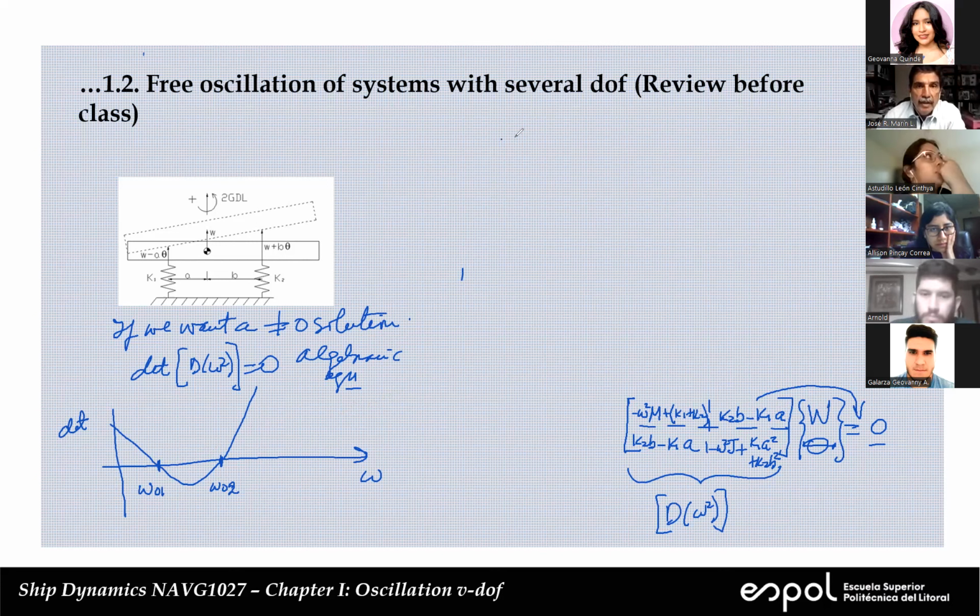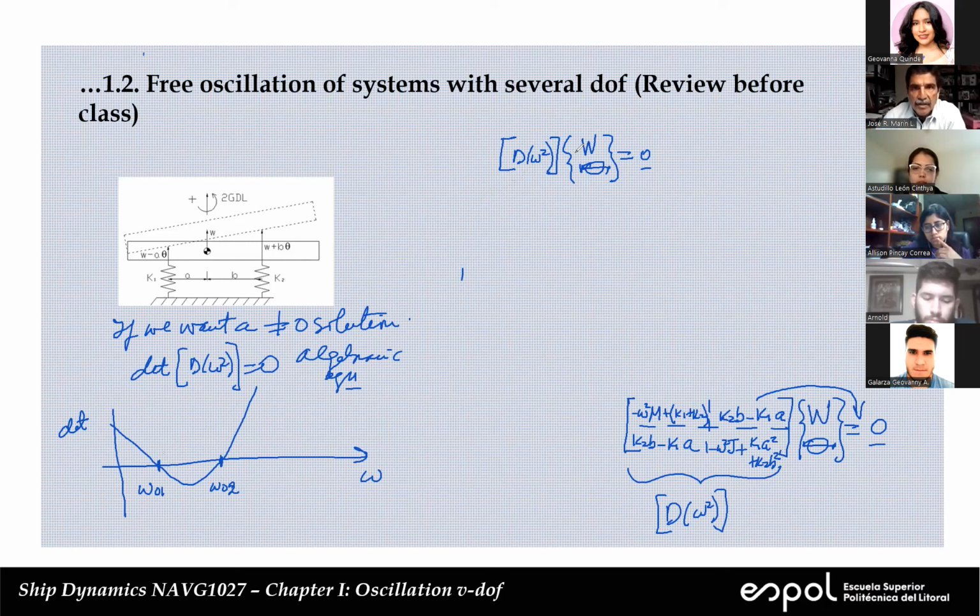Why? Because if we come back to the equation that we had before, we have here D of omega squared. At the moment that you replace this frequency by one of these two, this matrix is singular. You can say that it is linearly dependent.